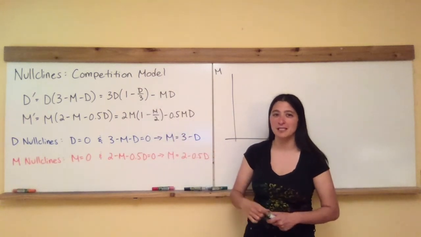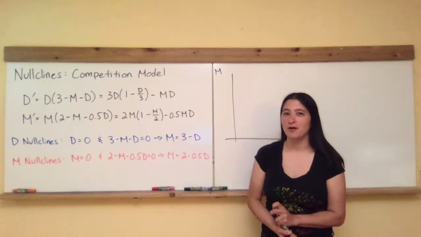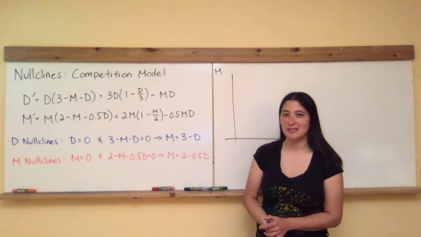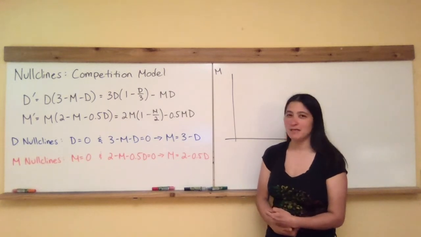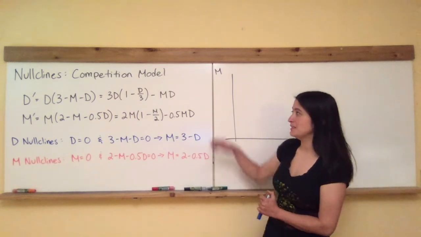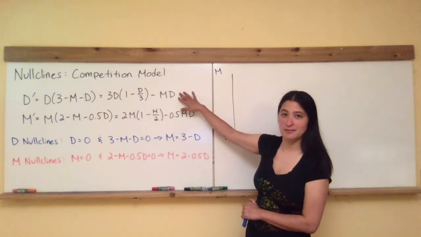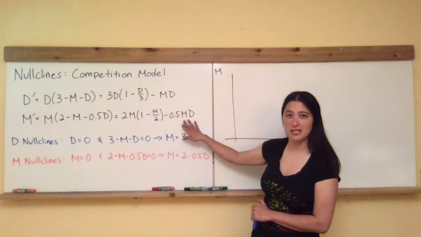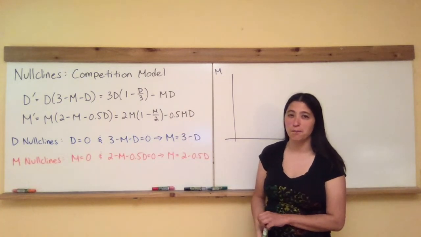Okay, so that's the ecological context. Who loses more when deer meets moose? Just to check, make sure that these equations make ecological sense to you. Knowing that the interaction term is md, but that the d prime equation has minus md and the m prime equation has minus 0.5 md, which one of these species is losing out more?